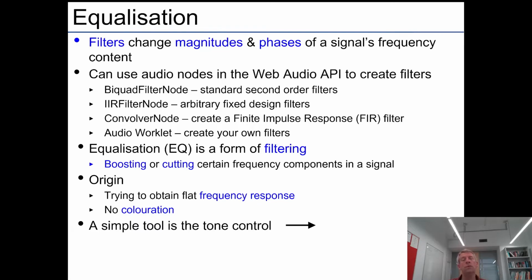The origin of the term equalization comes from signal transmission over wires. So like old telegraph wires, they would find that the signal is severely degraded by the time it reaches its destination. Primarily, a lot of the high frequency content has been lost.